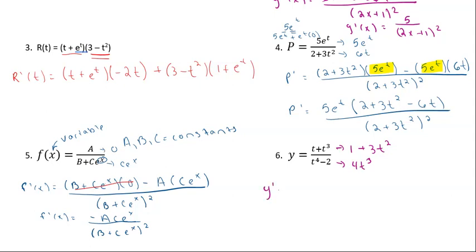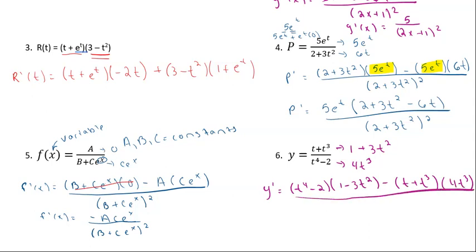So y prime will look like the bottom, t to the fourth minus 2, times the derivative of the top minus the top times the derivative of the bottom, all over the denominator squared. So it'll look like this.